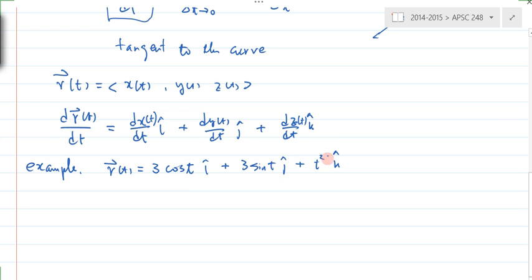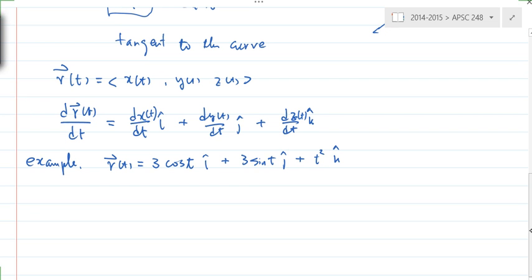This portion is slightly different from the previous one, basically giving you a different pitch, a different spiral. In this case, I'm going to calculate the derivative of this vector function. You can write dr or dr of t, it doesn't matter. Because this is pretty simple, all you need to do is calculate the derivative of each of these components.